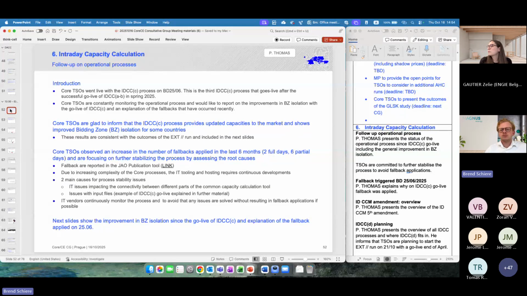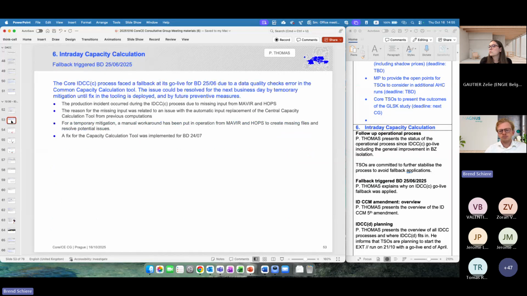Compared to day ahead, we have to use the same process in much less time, and this also impacts the stability in the end. But of course we are monitoring it very closely and have also implemented some short-term measures. There was one incident directly at go live. We have some more information on the next slide.